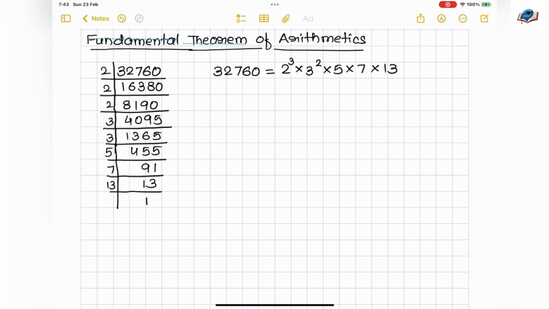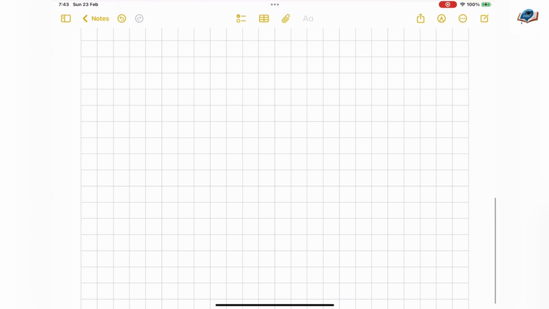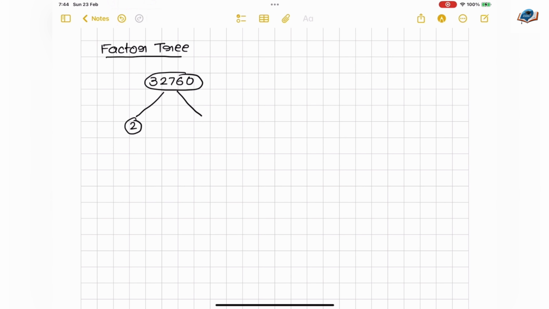Now with this, one more topic is coming, that is factor tree, which is asked in the paper also. It's very easy and connected with this topic. That's why I have taken it together. It says, if suppose I want to make a factor tree of the same number which we have taken, I can have two factors first, 2 into 16380.